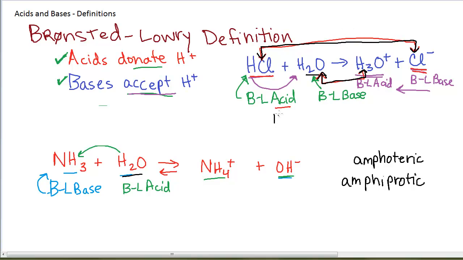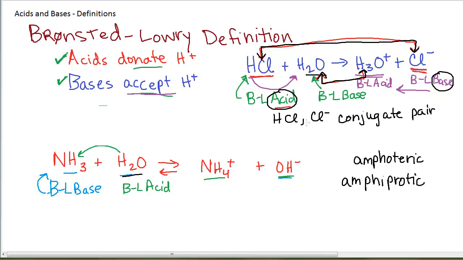These two that are related to each other are called conjugate pairs. HCl and Cl-, the two joined by the top arrow, are a conjugate pair. HCl is the conjugate of Cl-, Cl- is the conjugate of HCl. We can also say that HCl is the conjugate acid and Cl- is the conjugate base, because that's how they behave in this reaction.